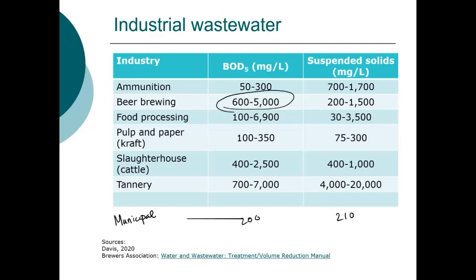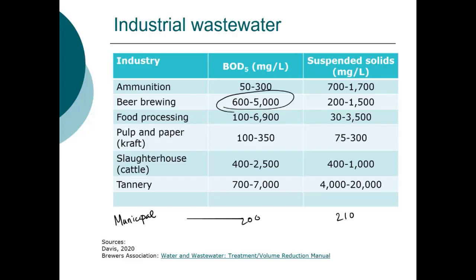So for instance, in Williamston, they've had to deal with Old Nation and work very closely with them because as Old Nation has increased its production, that brewery wastewater has a very significant impact on the operation of their treatment plant.